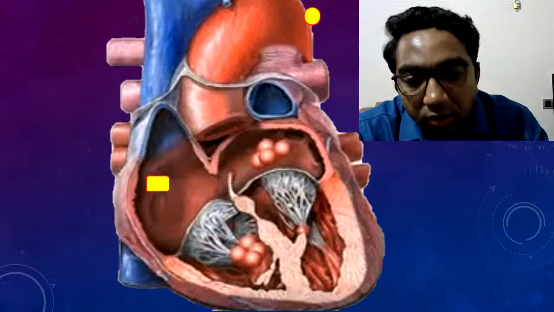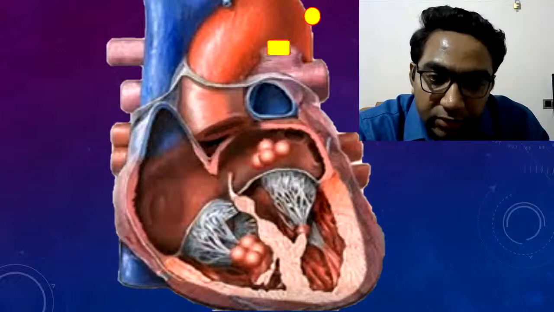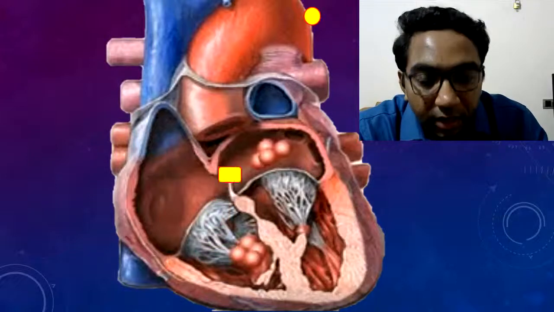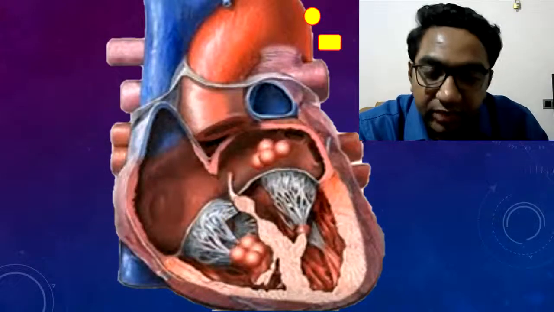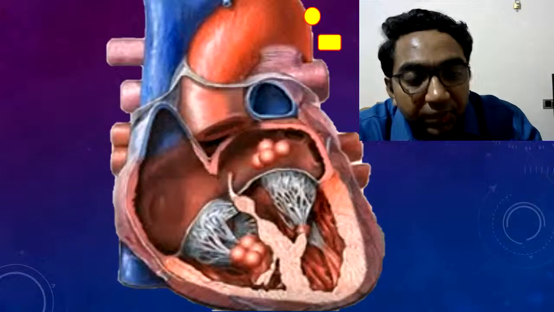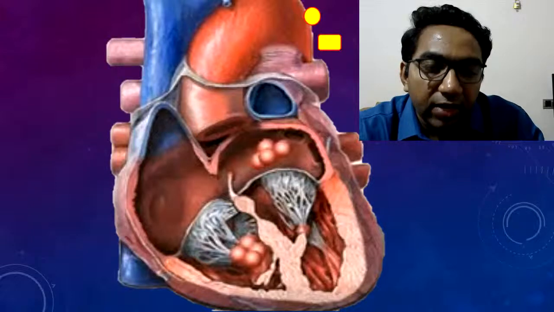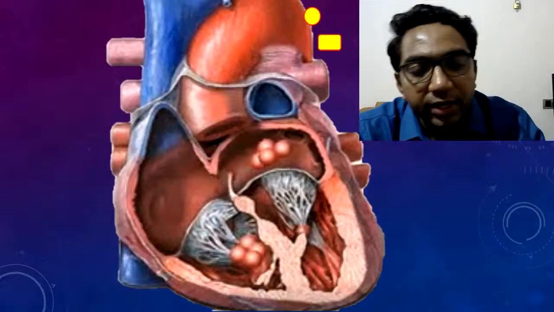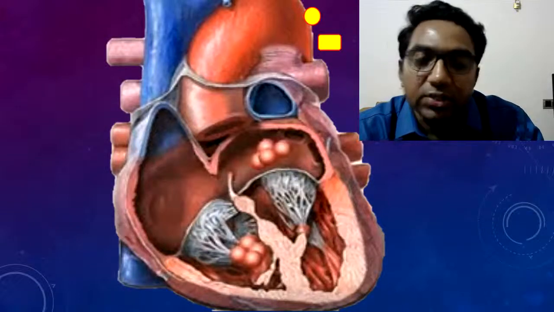It can also go another way. The blood from the right atrium can go to the right ventricle, and then through the pulmonary artery. When it reaches the pulmonary artery, it can either go to the lung or go through the patent ductus arteriosus into the aorta.